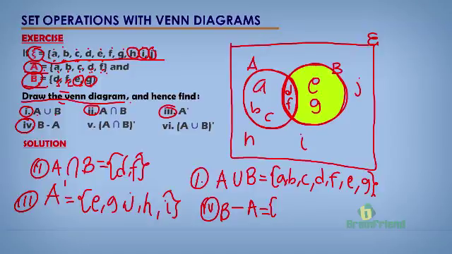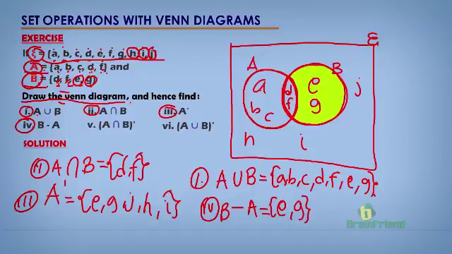So B minus A contains those elements that are only found in B and not in A at all. If we look at a list of the elements within our colored region here, we'd have just two elements, E and G.